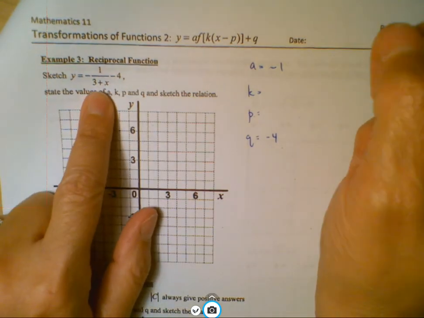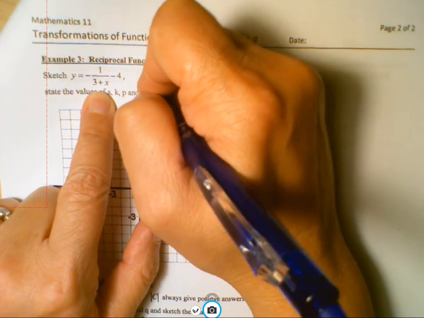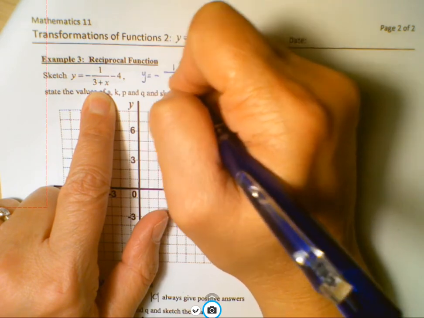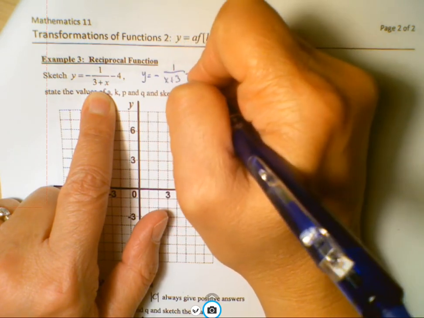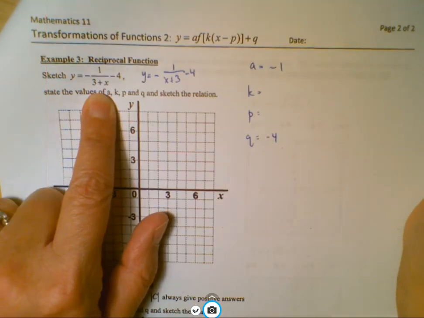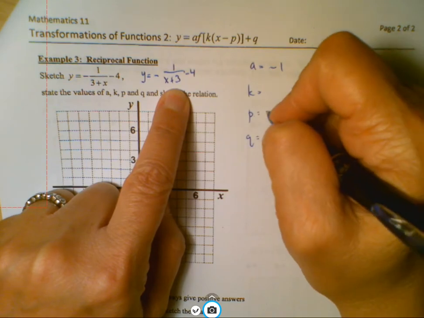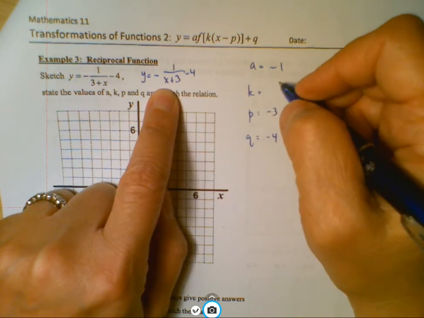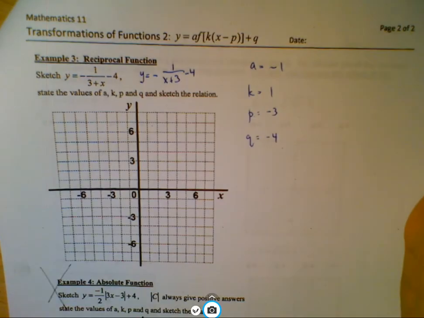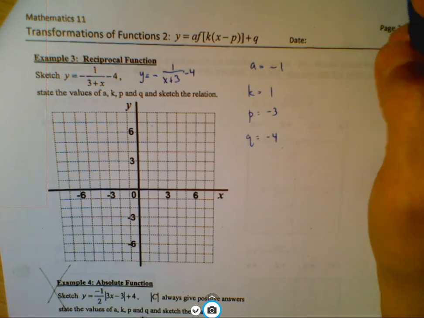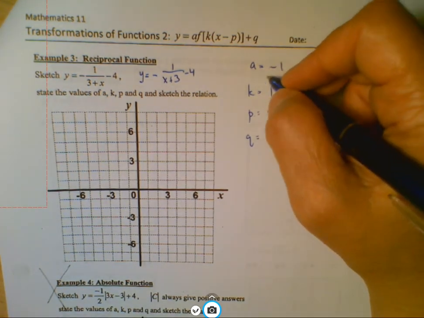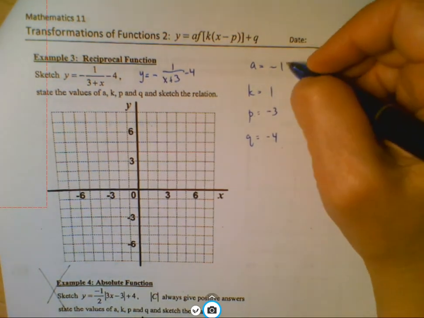Okay, now underneath here, we don't usually write 3 plus x. We usually write x plus 3, and that's equal, right? It's the same thing. So now we can see there's no k value to factor out. So we can just get our p is -3. There's no k value, so that means k is 1. So I'll just write the transformations with you again. A doesn't have a stretch, right?